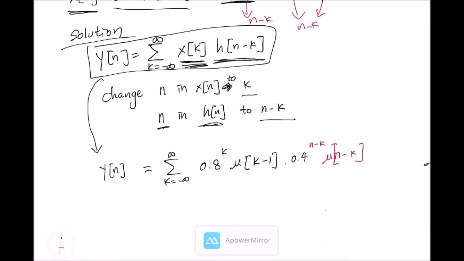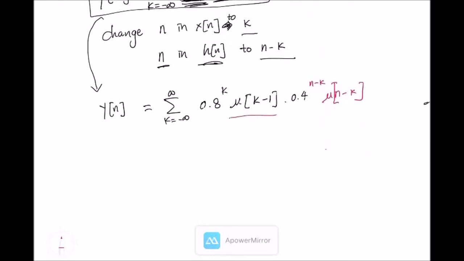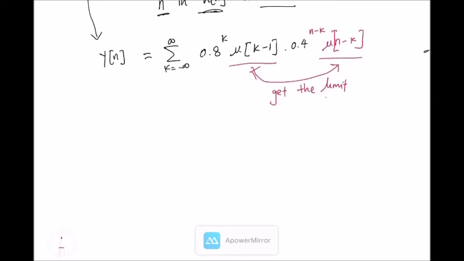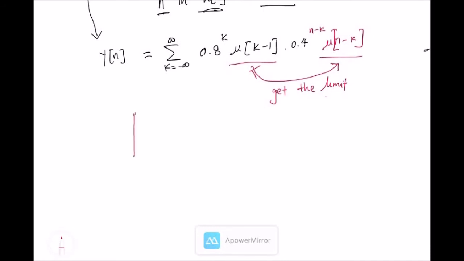Okay, now from the question, you have this unit step function. You need to solve this in order to get the limits. How? You draw the graph. u k minus 1 means that k equal to 1 until infinity, the value is 0 before that.